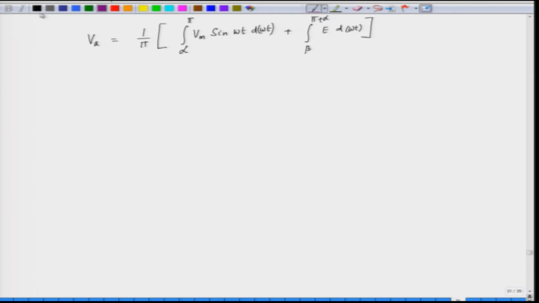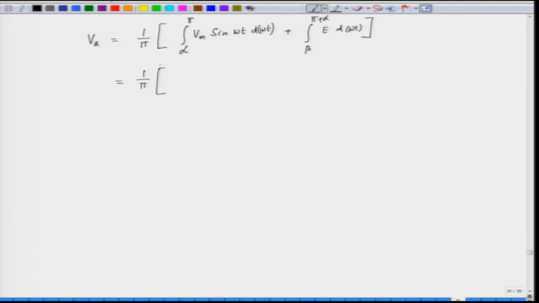So, the average output voltage is equal to integral from alpha to pi of V m sin omega t d omega t, and then from beta to pi plus alpha the back EMF E and d omega t. Now, let us see what we get here, that is equal to 1 by pi.